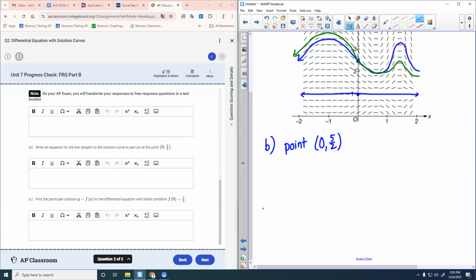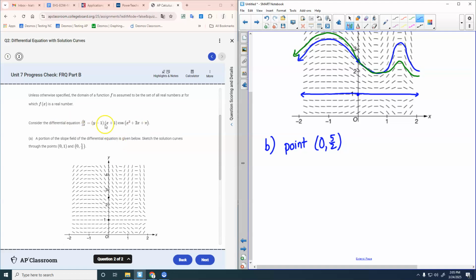I also need a slope for a tangent line. How do I find a slope? Very good. So your derivative, which is your differential equation here, gives you your slope. So we got dy/dx at (x, y) equals (0, 5 halves), and that is going to be y.